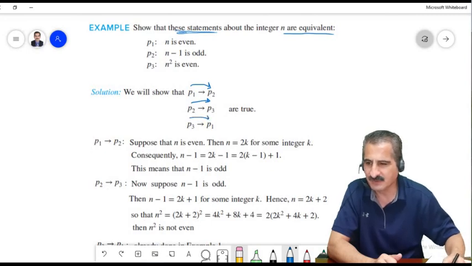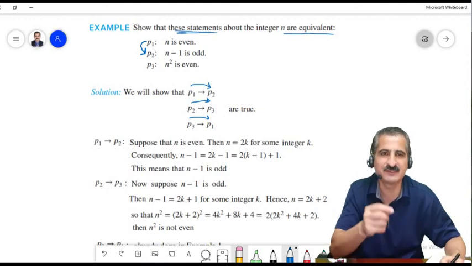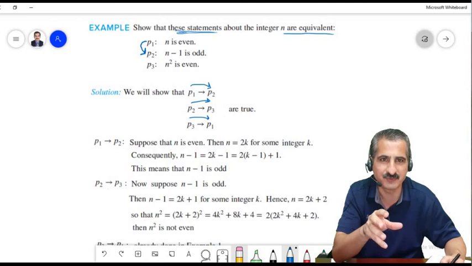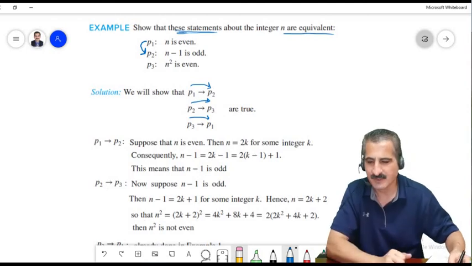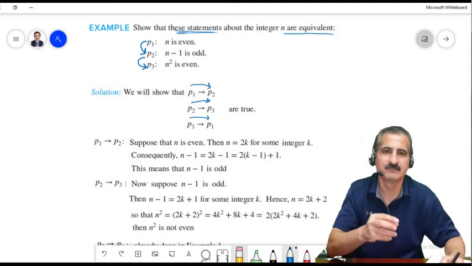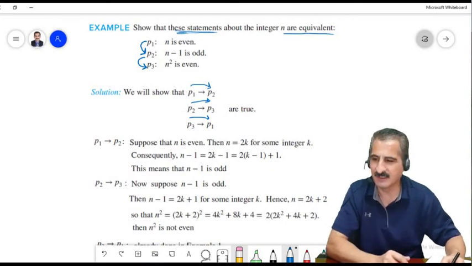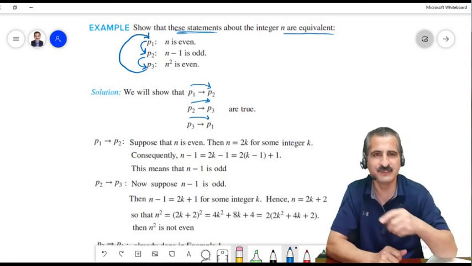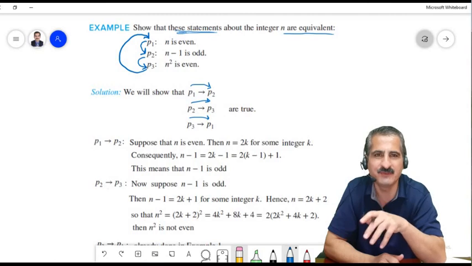What we then have done, like here, P1 gives P2. So we will assume that we have P1 in hand, play with it, and prove P2. Then again, we will assume P2 is in hand, play with it, prove P3. And then we assume P3 is in hand and go prove P1. So in this way, you can go from any one of them to the other.